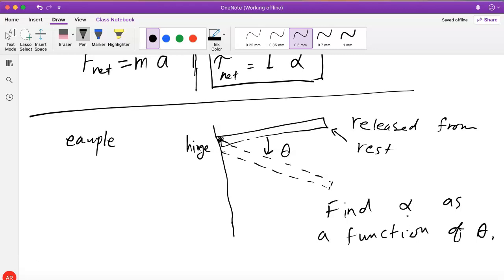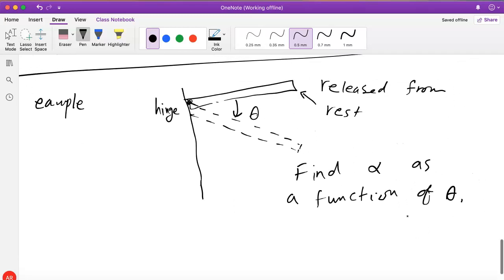Right, so this rod is rotating around the hinge, coming down under gravity, and theta has some rate of change. For any value of theta, there's some value of omega, and then there's also some value of alpha, the time derivative of omega.